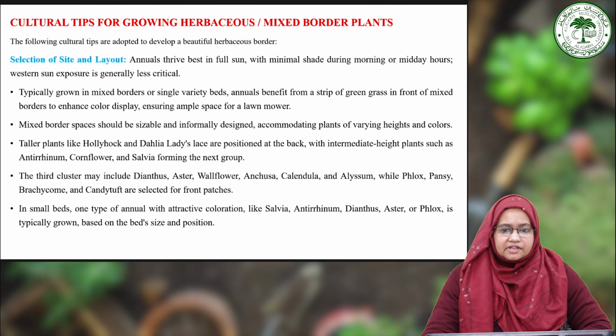The third cluster may consist of dianthus, aster, wallflower, gaillardia, calendula and alyssum, with phlox, pansy, brachycome and candytuft selected for the front patches. In small beds, typically one type of annual with attractive coloration is grown such as salvia, antirrhinum, dianthus, aster or phlox depending upon the bed size and position.